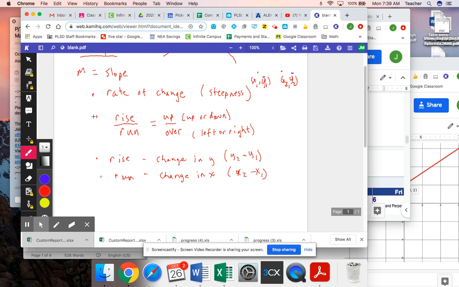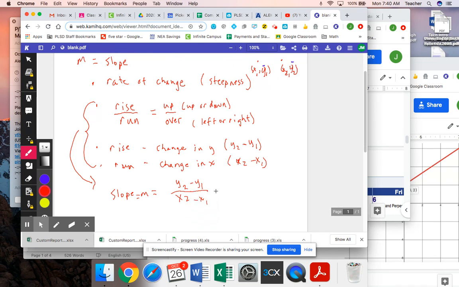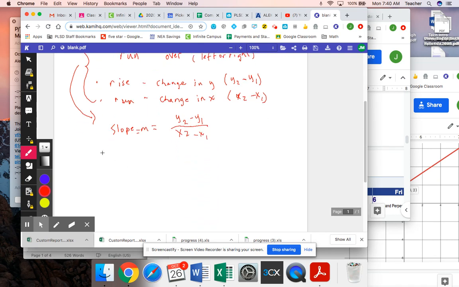So given all of this, I can come up with a way to calculate slope. If I have 2 points, then m is equal to the ratio, the rise over the run. The rise is the change in y over the change in x. So it's y2 minus y1 over x2 minus x1. So I could calculate the slope between 2 points.